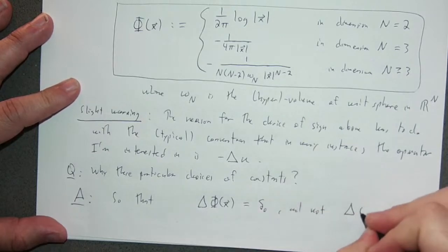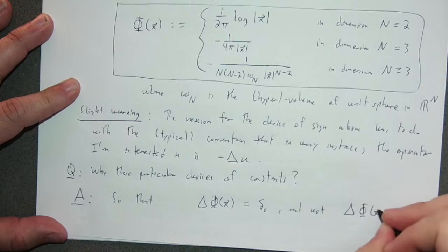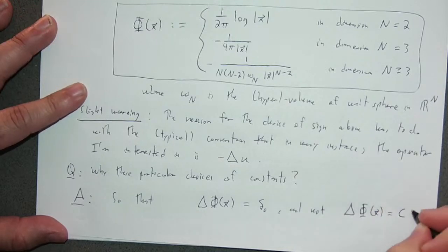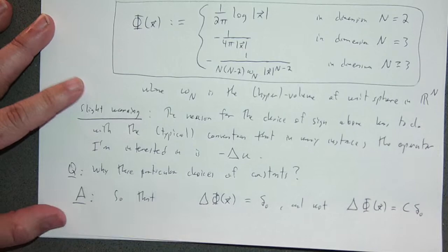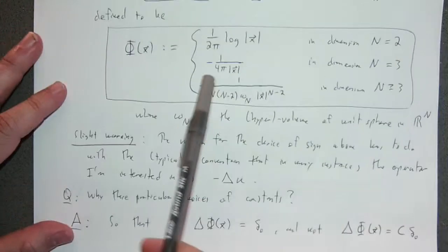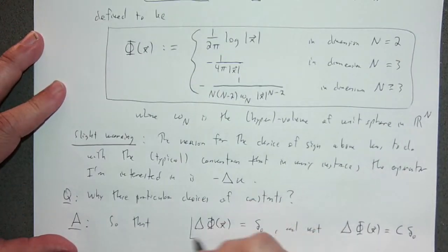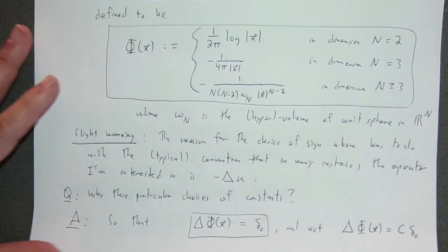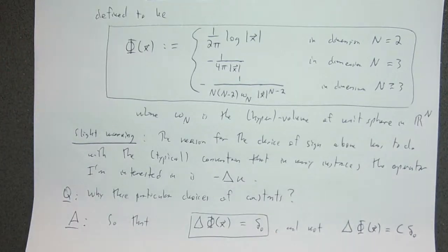So these constants are chosen so that when I compute this Laplacian, it is exactly the impulse function that I expect it to be, the one concentrated at 0. Okay.